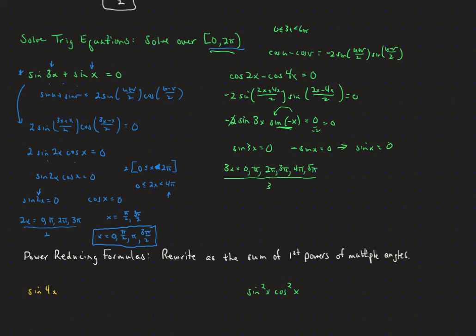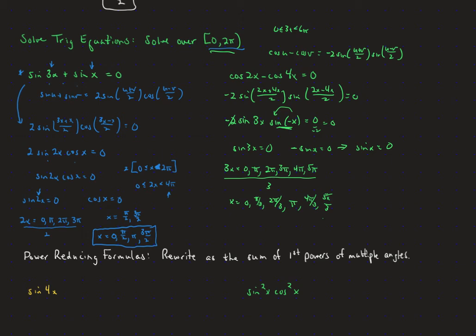We'll divide by 3, and so we're going to get 0, pi over 3, 2 pi over 3, 3 pi over 3 is just pi, 4 pi over 3, and 5 pi over 3, just as a check. Notice that last one is still less than 2 pi.